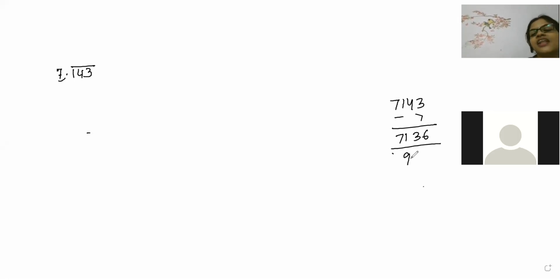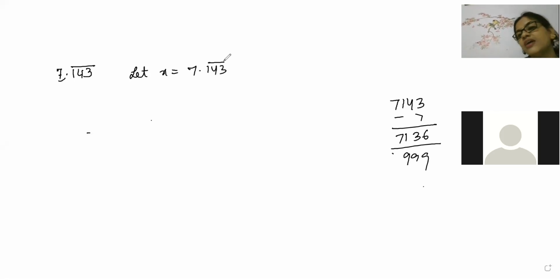So how many digits are having bar? 3. Keshav, Vishal, correct. 7 1. I think all of you forgot 1. All of you forgot one there. That's why. Now look here, beta. How to write? Let x is equal to 7.143. Beta, how many digits are having bar? 3 digits.